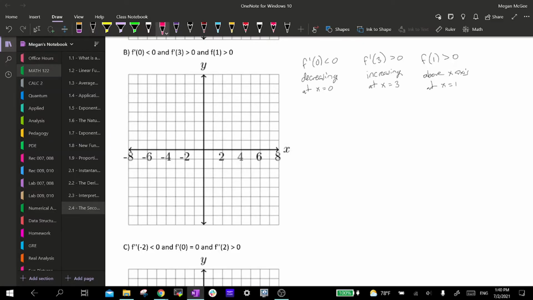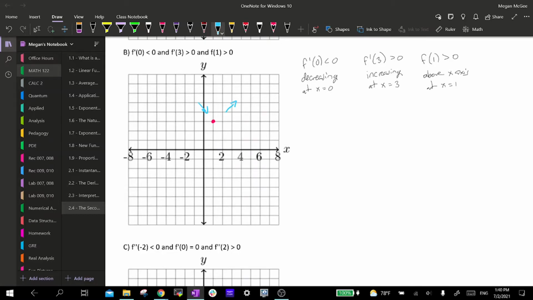Alright, so I'm going to go ahead and again pick a point that is above the x-axis at x is equal to 1. Pick whatever point you want, as long as it is above the x-axis and on the line x is equal to 1. So then we must be decreasing on the left-hand side, so at x is equal to 0, we must be decreasing. And at x is equal to 3, we must be increasing.